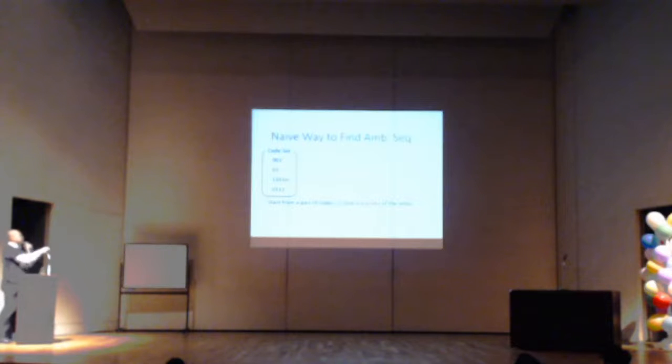You can start from a pair of codes such that one is a prefix of the other, like this. And then you want to strike out this remainder part. So here you have remainder 1, 1. So you want to use this third code to have another remainder.